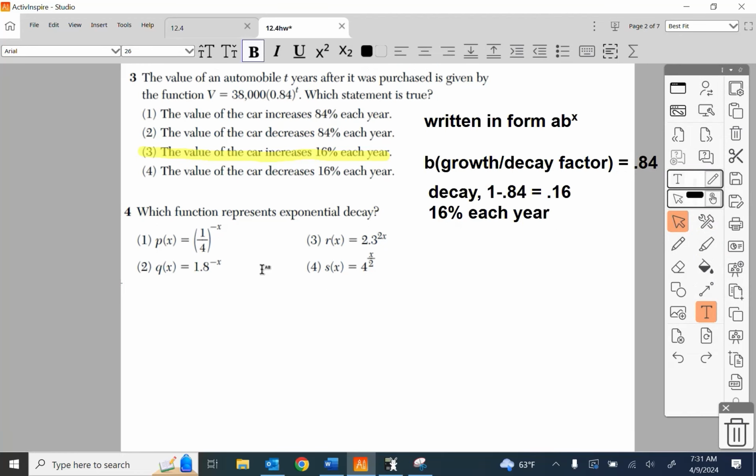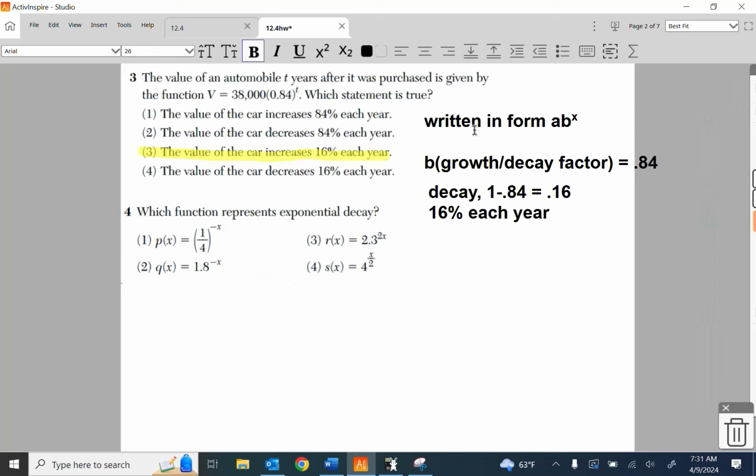Which function represents exponential decay? That's kind of been talked about up here. So if you have a form a b to the x, that's what you're looking at. If the absolute value of b is stuck between 0 and 1, then decay.